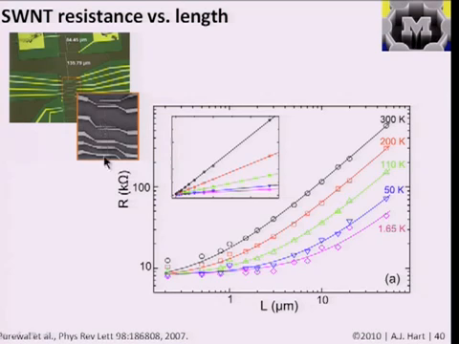And what is seen is that the resistance of the nanotube depends both on its length and on temperature. The resistance is higher with temperature because you have more thermally activated carriers that scatter the electrons through the lattice. At pretty much all temperatures, when the nanotube is very long, on this log plot, you have a linear relationship between resistance and length.